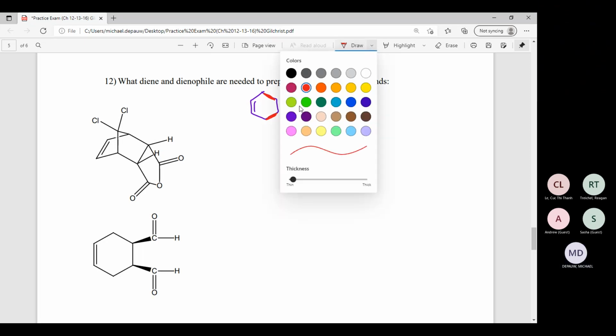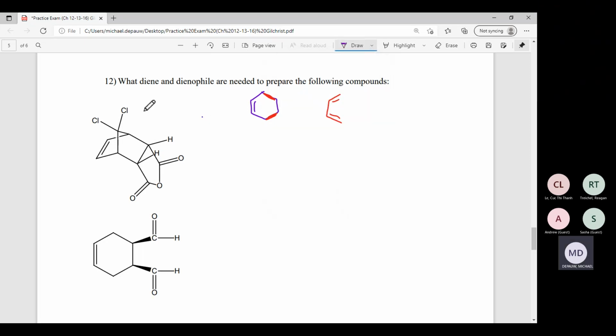So looking at this product molecule, I'd actually cut here and here. Because the only 6-membered ring present is the 6-membered ring formed with these atoms, carbon, carbon, carbon, carbon, carbon, carbon. So I cut at those two positions. Those are the two formed bonds.